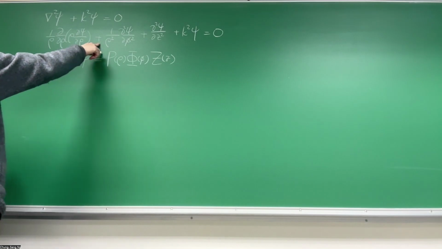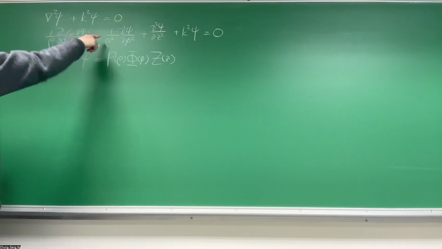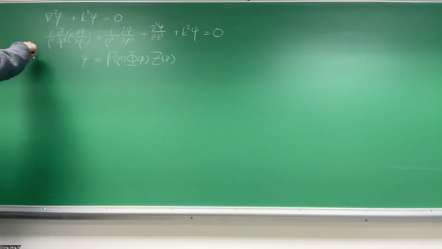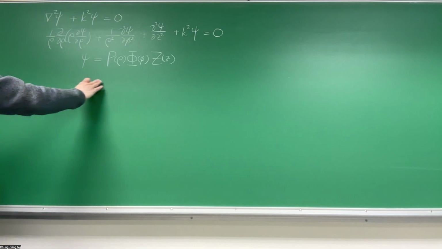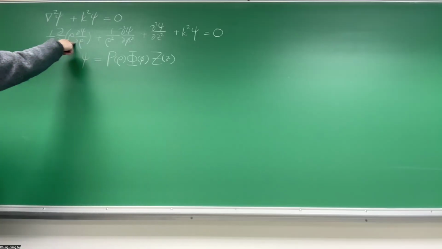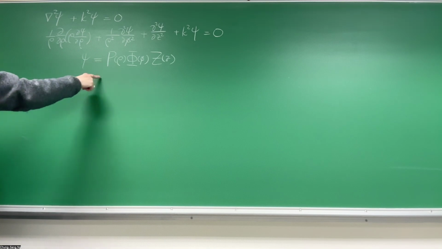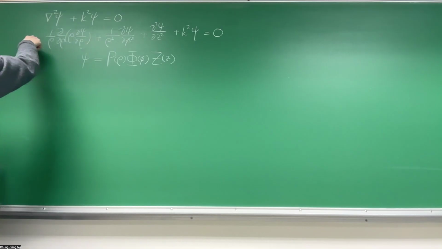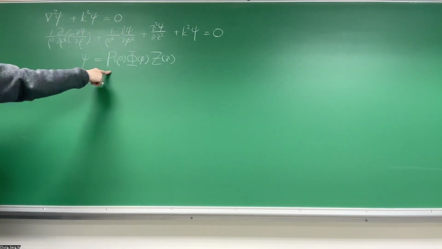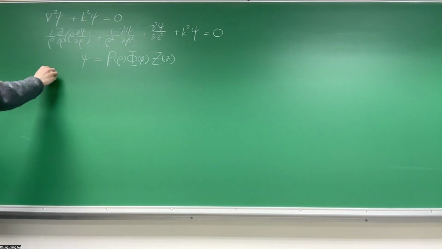Substitute into the equation and divide by the function itself, right? So put this in here and divide by psi. After you do that, the rho derivative only operates on this capital P, and there were these two factors in front, but you divide by the whole thing, so you get 1 over P out here in the first term.